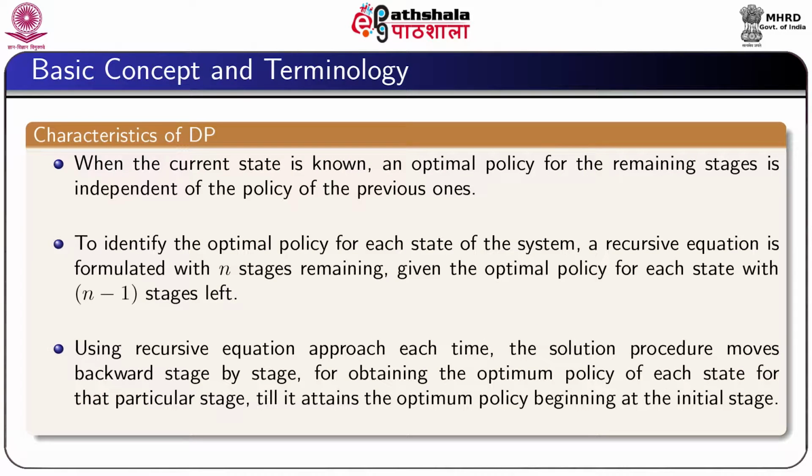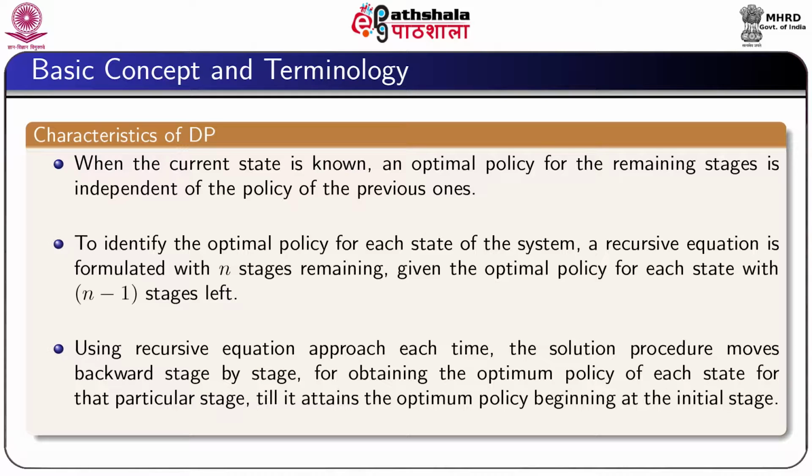When the current state is known, an optimal policy for the remaining stages is independent of the policy of the previous ones. To identify the optimal policy for each state of the system, a recursive equation is formulated with n stages remaining, given the optimal policy for each state with n minus 1 stages left.